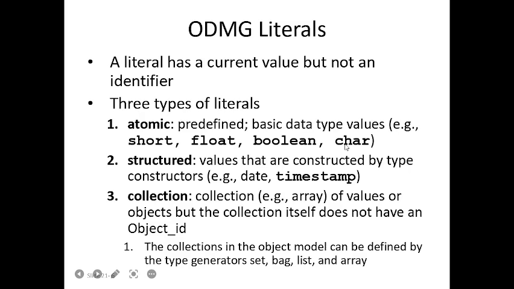All these are the keywords for these types. And we have regular and double precision floating point numbers, float and double, boolean values, that is boolean, single characters, that is char, and enumeration types like enum.